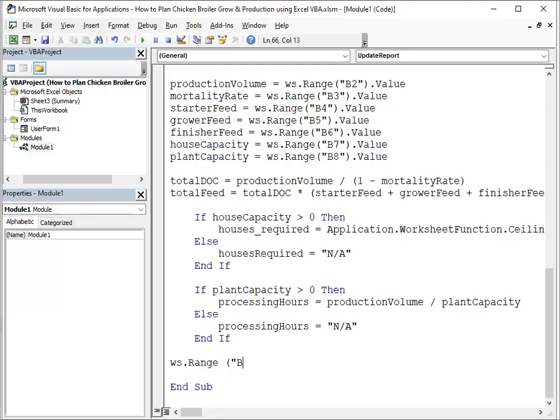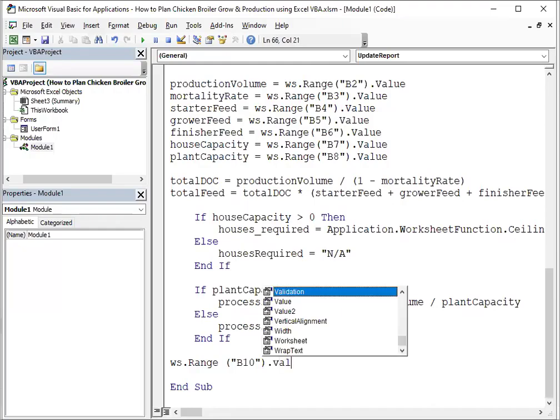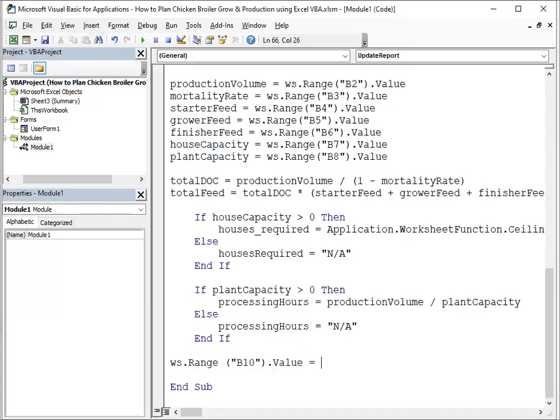Always put quotation marks for our ranges so that we'll have no problem.